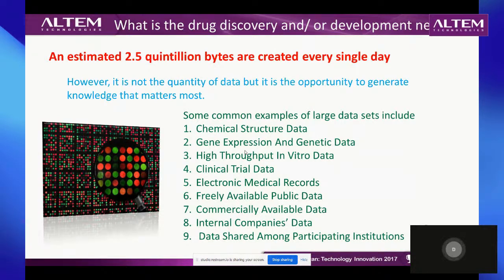So where will all this data be created? Say, for instance, chemical structure data. Each chemist, organic chemist, medicinal chemist, pharmacological people, there are lots of divisions that will try to create various chemical structures. If one lab is creating 100 structures, how about 100 labs in Karnataka?